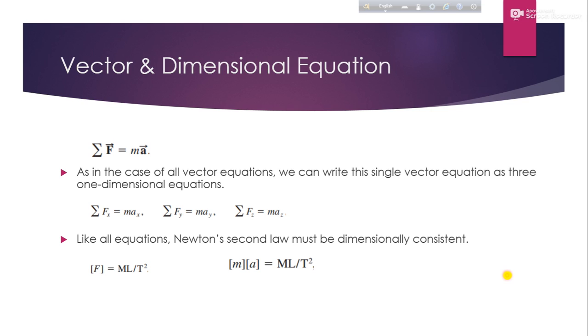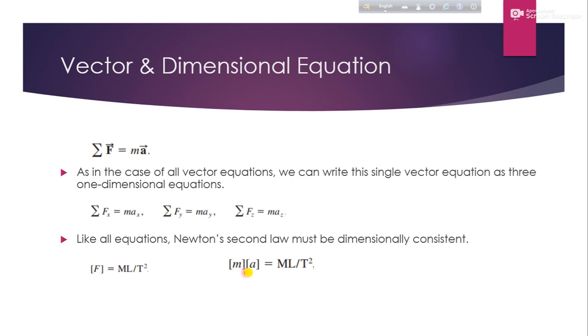Now let us see about the dimensional consistency of the equation. This is the equation F equals m a. The right hand side and left hand side of the equation must show the same dimension, otherwise it will not be called dimensionally consistent. What is the dimension of force? We know the dimension of force is M L T to the power minus 2, or M L by T squared.